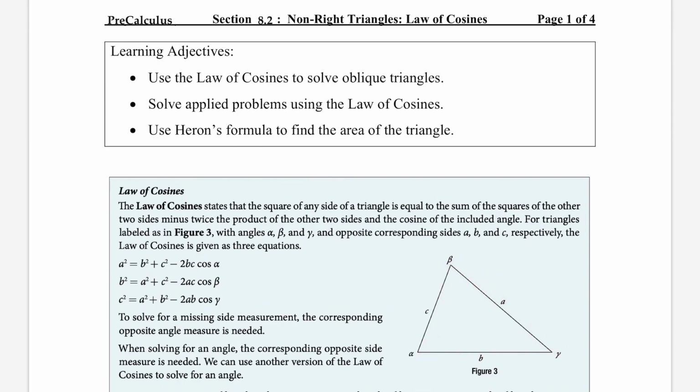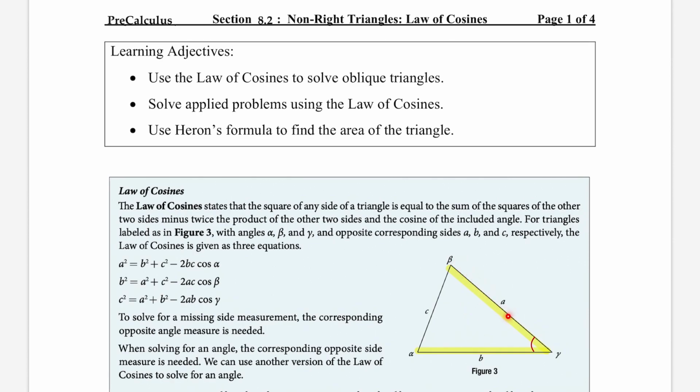For example, I have this triangle. I have angles alpha, beta, and gamma, and sides A, B, and C. If they gave me the measurement of side A, the measurement of side B, and the measurement of angle gamma, I will not be able to use law of sines because in order to use law of sines, I have to have a pair of the opposite side with the opposite angle.